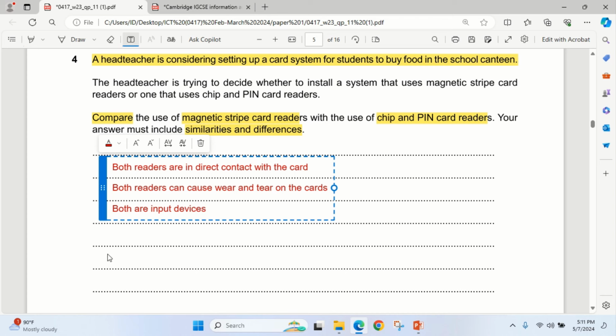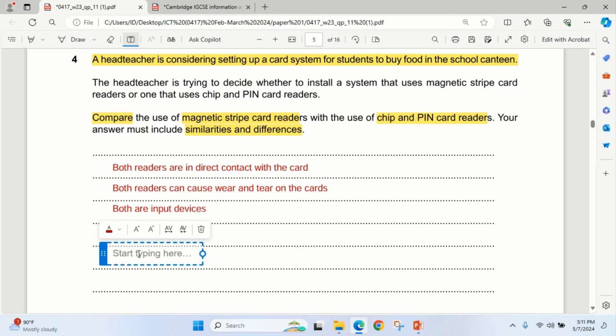Then if you go to differences, you can say that for the chip and pin readers, the user needs to know the pin.